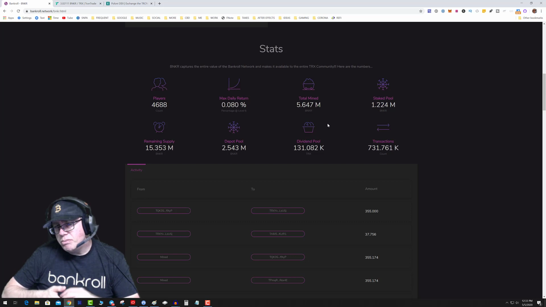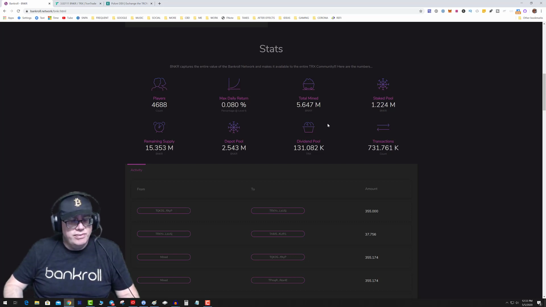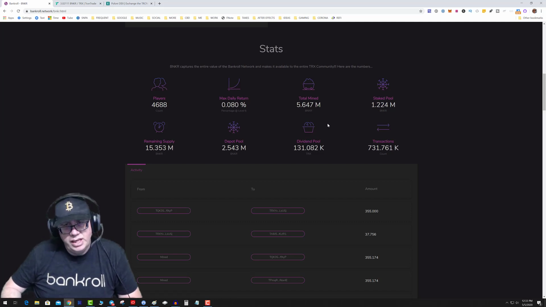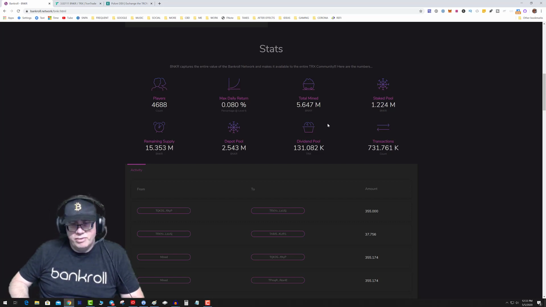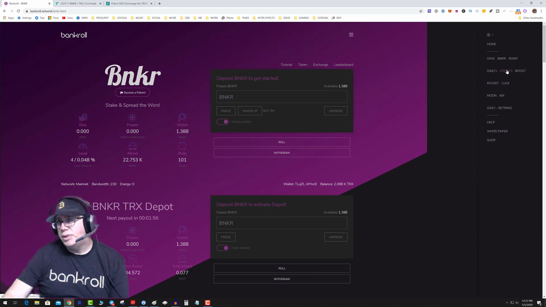So my strategy is probably to stay and save until this hits 6 million, which is going to be pretty soon, I would say in the next week, 10 days, etc. And then I would probably move in and go large and become a liquidity provider on swap. That's kind of my master plan.